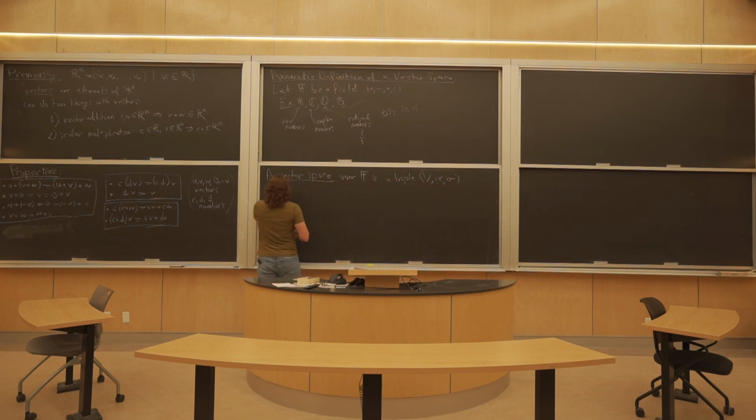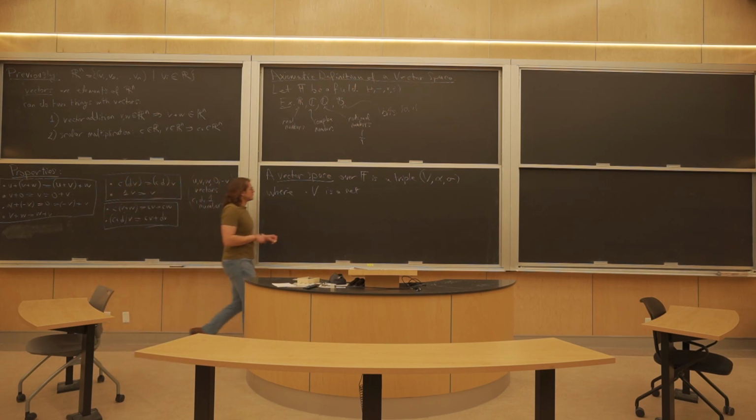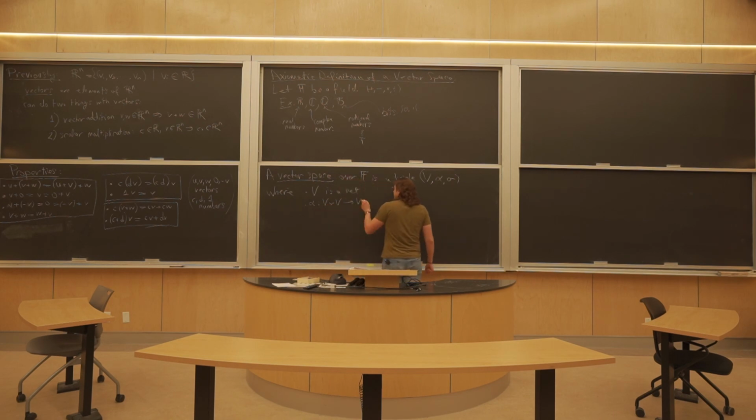Where V is a set, a collection of a bunch of things. I'm not even telling you what it includes. Alpha is a function from V times V to V. This is going to model for me vector addition, on the set of vectors.